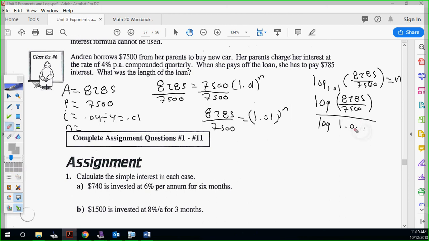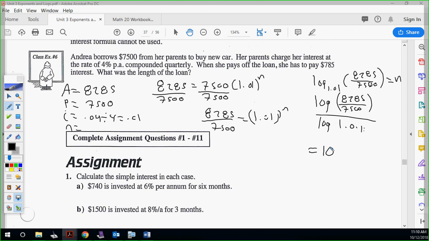Okay, 1.01. When you do that calculation, you're going to get 10. And then what does 10 stand for? This is where it gets a little tricky. It stands for quarters. So it's 10 quarters of a year that it's going to take her.